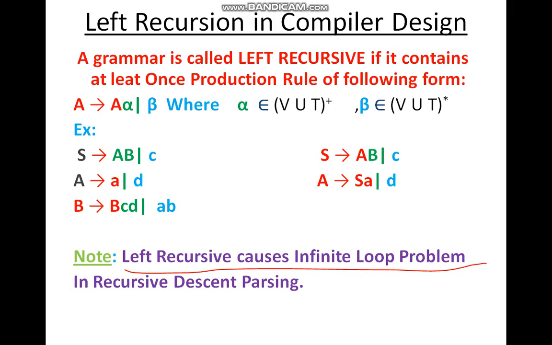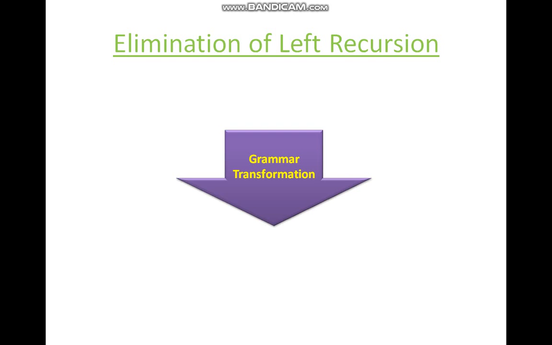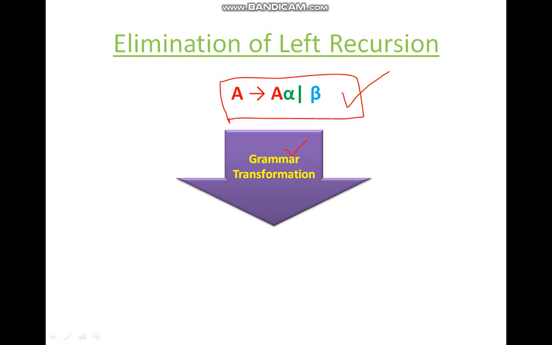Fine. Okay, so let's see how to eliminate left recursion. As you know, this production rule was causing left recursion. So if you want to eliminate left recursion from the grammar, you need to transform this production rule into the following form: A produces beta A dash, and A dash produces alpha A dash or epsilon.